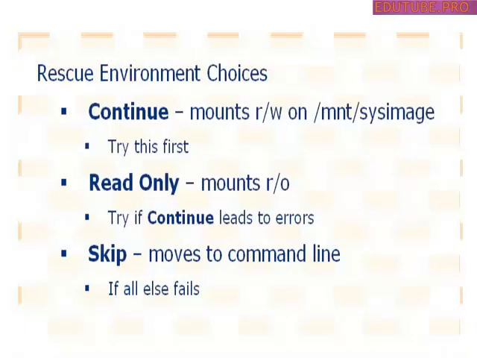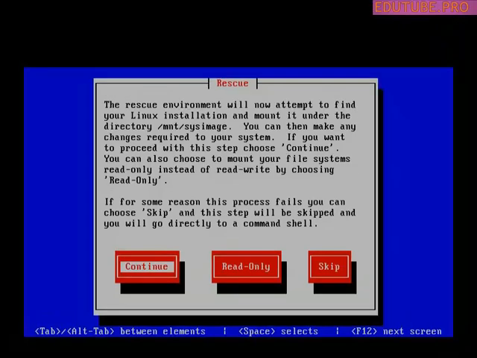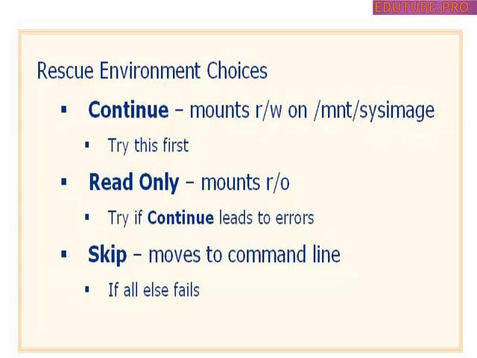You get 3 choices when you complete configuring the rescue environment: continue, read-only, and skip. Generally, you should try continue first. If rescue mode finds undamaged partitions, it'll mount them automatically in read-write mode as /mnt/sysimage subdirectories. If that doesn't work, you can try rescue mode again, and when you return to this screen, try read-only mode.